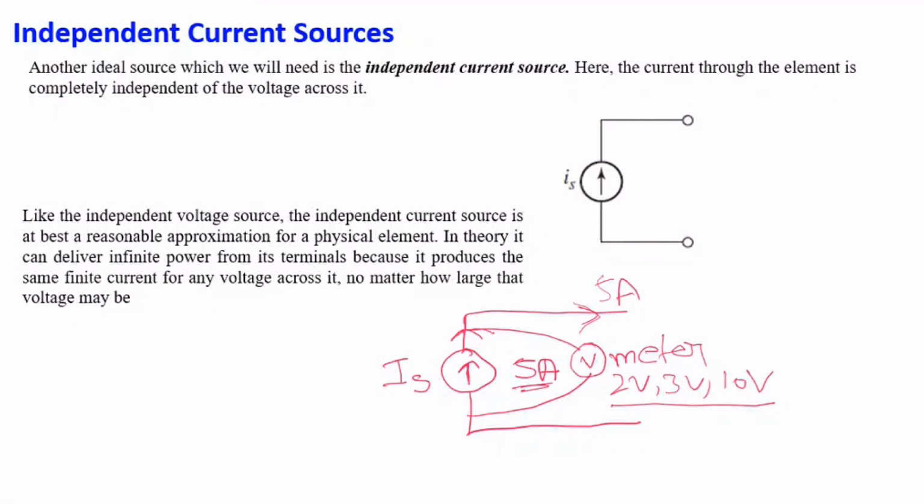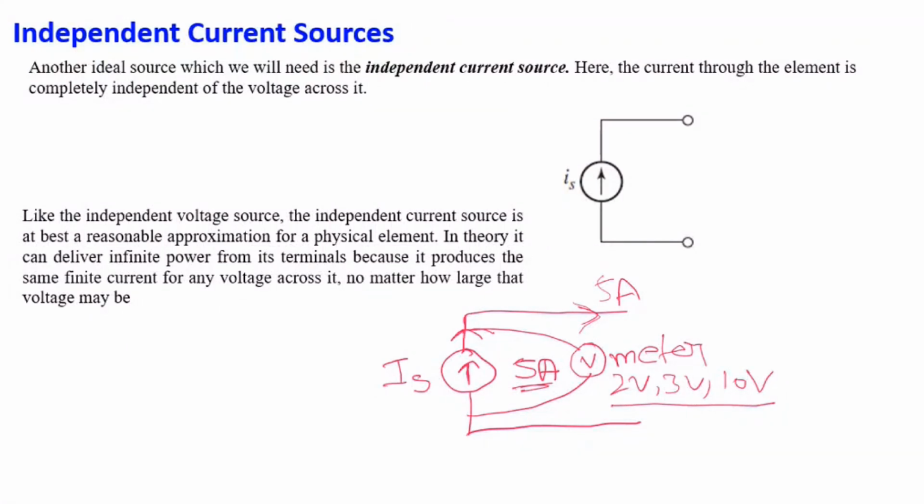Hope you have understood this. This point is very important. What is an ideal current source? A current source delivers a fixed amount of current independent of the voltage across it. What is a voltage source? A voltage source delivers a constant potential value, independent of the amount of current drawn by the network from the source.